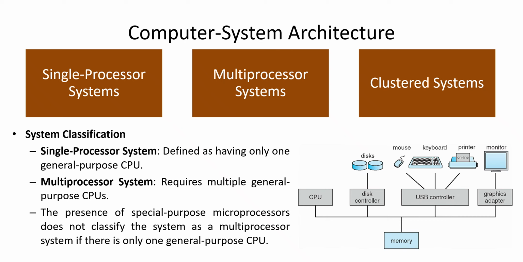The presence of special purpose microprocessors, like the ones controlling your disk drive or keyboard, does not classify the system as a multiprocessor system as long as there's only one general purpose CPU doing the main computational work. Special purpose does not count toward this classification. It is specifically about general purpose processing power.